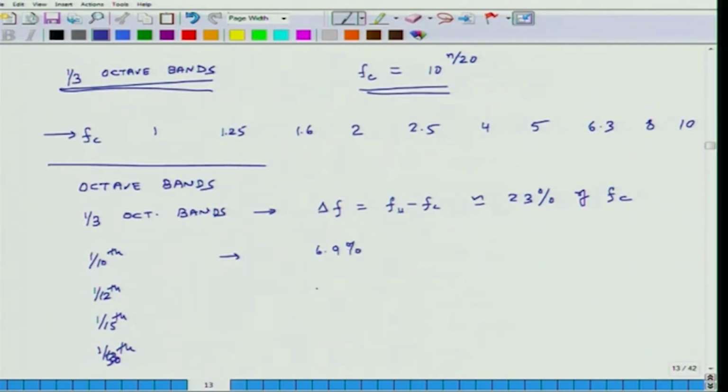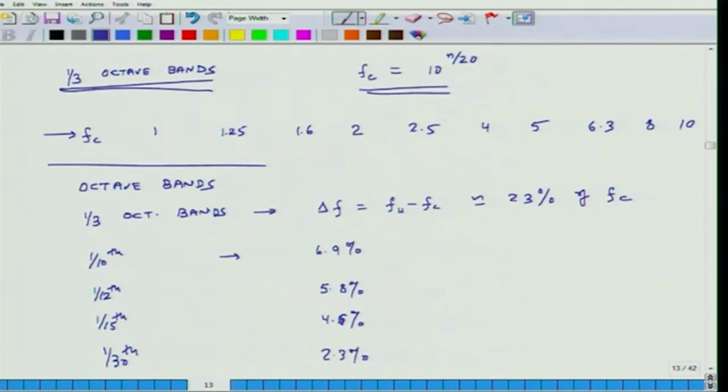For the 1/12 band, this number is finer, 5.8%. Then you have 1/15th, it's 4.6%. And then the 1/30th band is 2.3%. And then there is also a 1% band, where this delta F is 1% of the bandwidth, and you can calculate it.